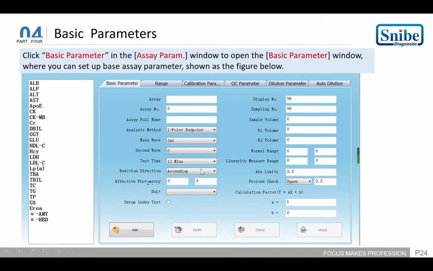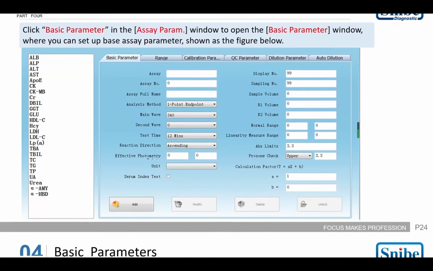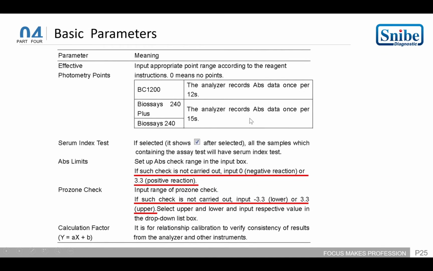When the absorbance limit is exceeded at 3.3, you need to click upper, and the parameter is 3.3. Otherwise, with this setting, the absorbance will be 0 and this one will be lower. This part you will need to set negative 3.3. Yeah, this PowerPoint will show you more clearly.